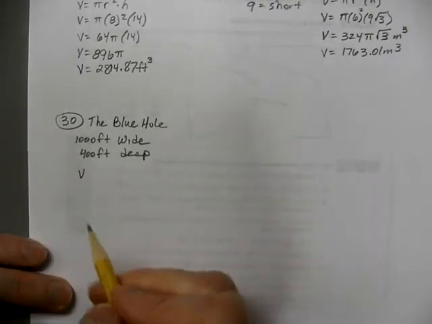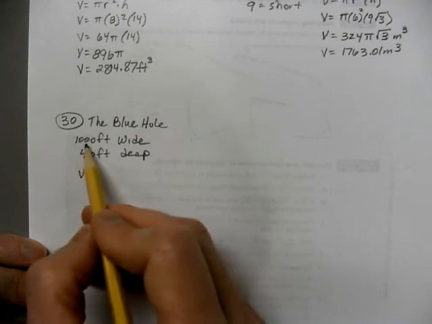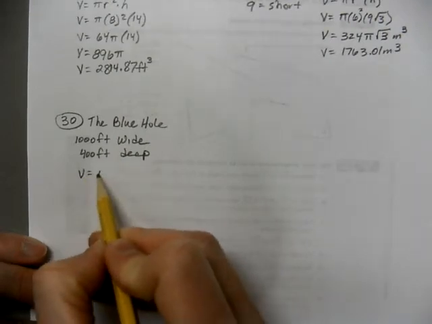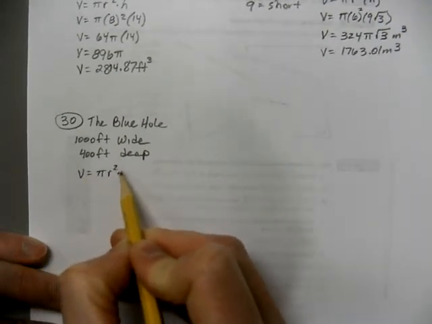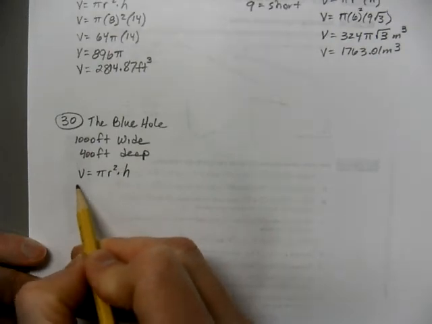For number 30, we're working with this blue hole. It's 1,000 feet wide, it's 400 feet deep, it's a cylinder. So we're going to use pi r squared times h. We're looking for the volume.